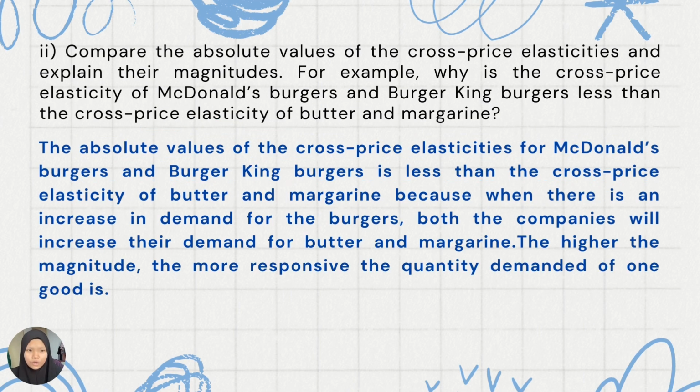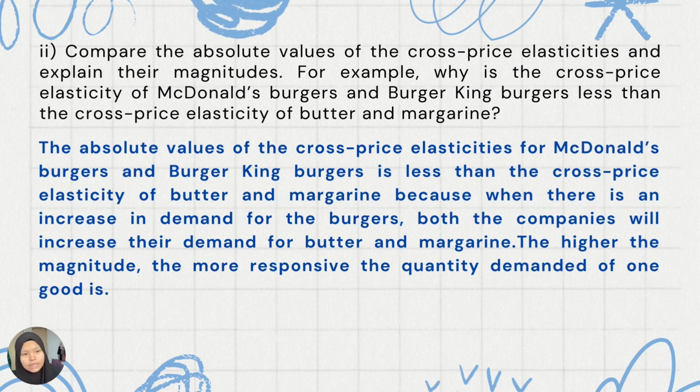For question 4, to Roman, compare the absolute values of the cross price elasticities and explain their magnitudes. For example, why is the cross price elasticity of McDonald's burger and Burger King burgers less than the cross price elasticity of butter and margarine?